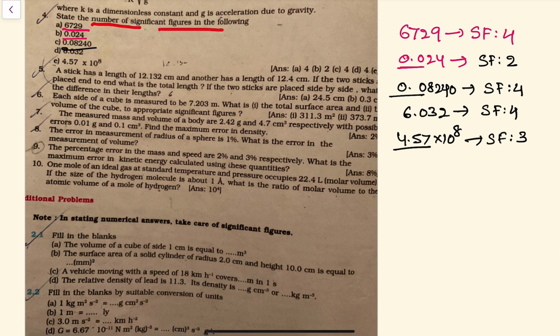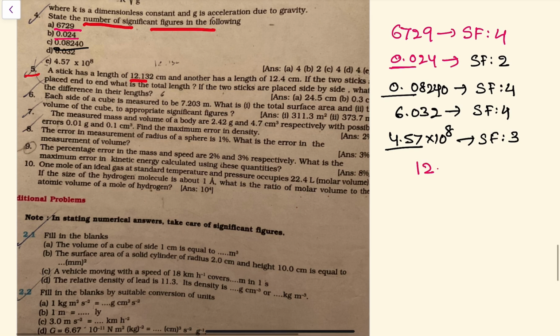Now another problem. Fifth problem. A stick has a length of 12.132 centimeters, another is 12.4. If the two sticks are placed end to end, what is the length? If they are placed side by side, you just add it, then you will get the total length. 12.132 plus 12.4. So 2, 3, 5, 24.